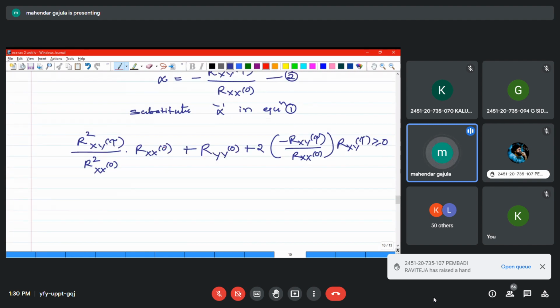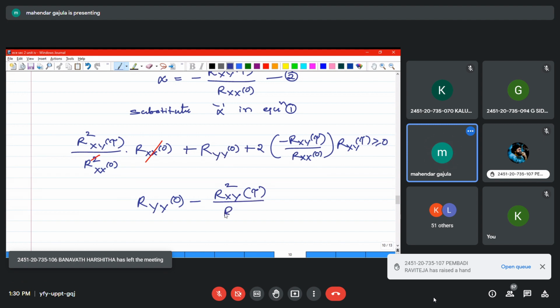So here r_xx(0) cancels. So what it leaves us is r_yy(0) plus r_xy(tau) square by r_xx(0), and there is one more term, minus 2 r_xy(tau) square by r_xx(0). So it leaves us r_yy(0) minus r_xy(tau) square by r_xx(0) greater than or equal to 0.